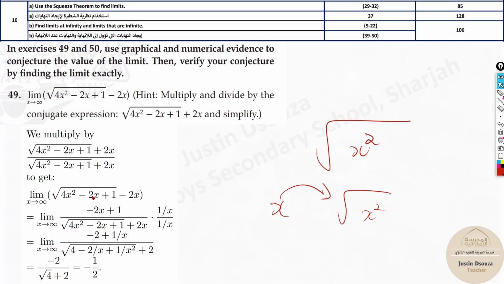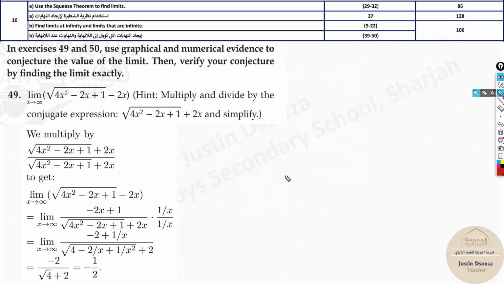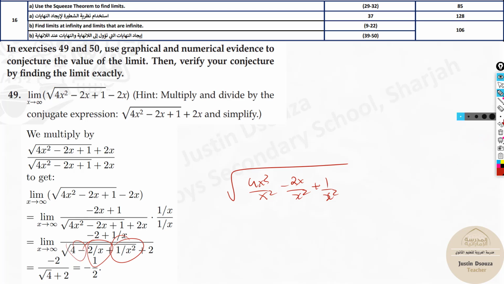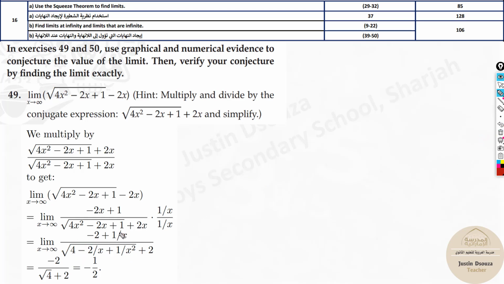So basically over here, this x is multiplied. In the square root, what happens is 4x squared divided by x squared, minus 2x by x squared, plus 1 by x squared. And therefore you are remaining with 4 minus 2 by x plus 1 by x squared. Now just apply the infinity everywhere.